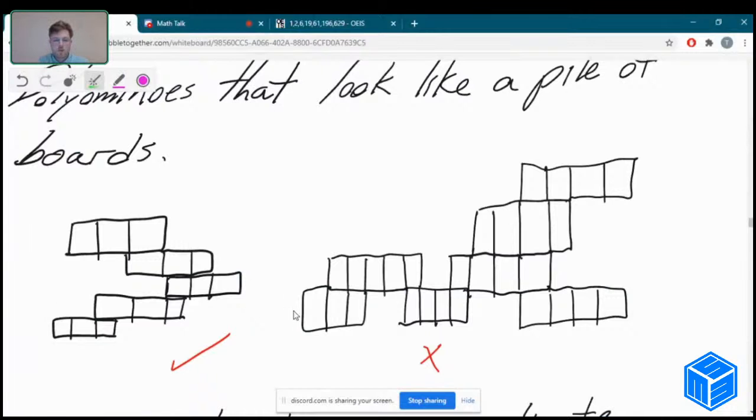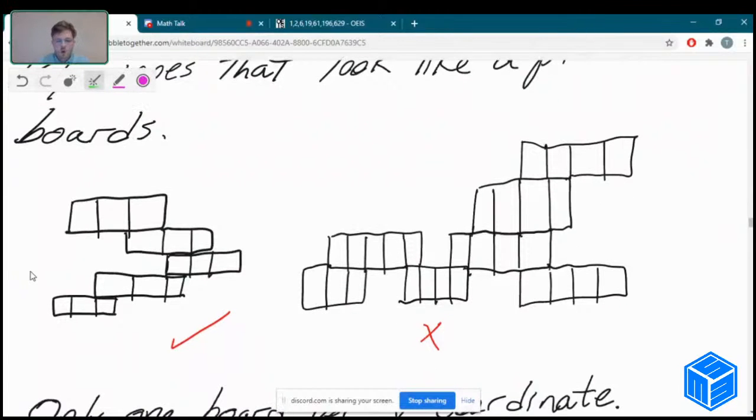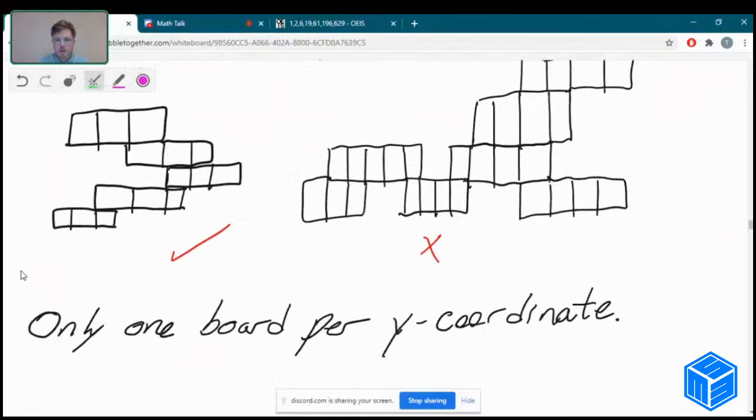Whereas this example on the right, well, the bottom actually has 3 different connected rows of cells, and the next y coordinate up has 2 different strings of cells. So we've got an x next to this. This is not a board pile polyomino. It's not what we're counting. On the left, it's things like this that we're interested in, board pile polyominoes. Only one board per y coordinate, as I said.